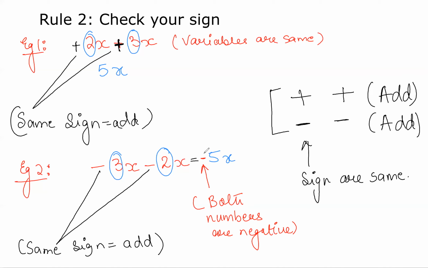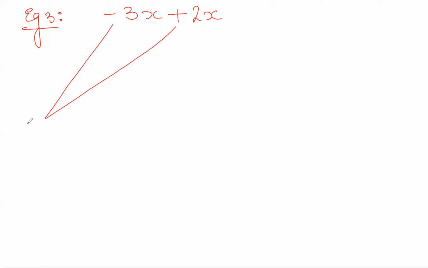All right. Now, moving to my next part, the same rule, rule 2, checking your sign. My example 3 now. I have negative 3x and positive 2x, so both the signs are different.